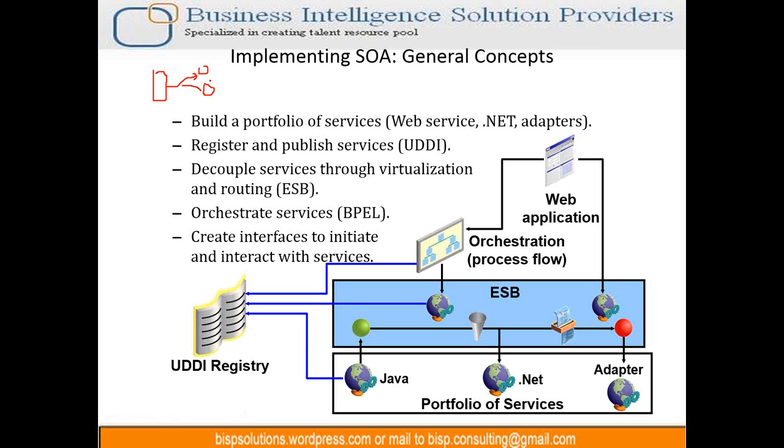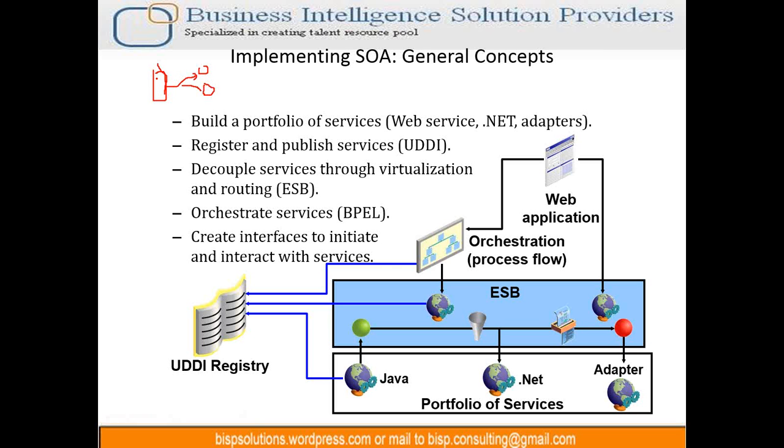Another thing it does is called virtualization. It means that the end systems should not know who is the source of the data, so that if I remove Siebel CRM and replace it with Salesforce, my integrations are still not affected. That is the meaning of it. ESB is a concept, and in Oracle there are two types of ESBs: one is mediators, another is Oracle Service Bus. What is the difference, and where to use what? We will see when we get to those chapters.